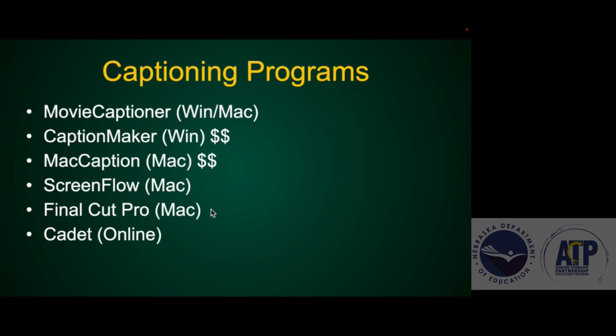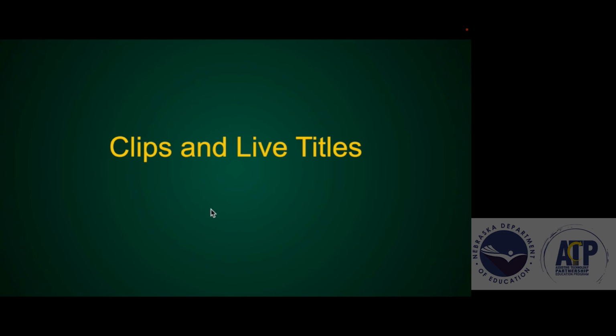ScreenFlow, which is a screen capture and screen editing software available on the Mac, also has the ability to do captioning. Final Cut Pro, and we'll show you that in a minute, also has a captioning option. And then there's an online service called Cadet that will allow you to do captioning also.